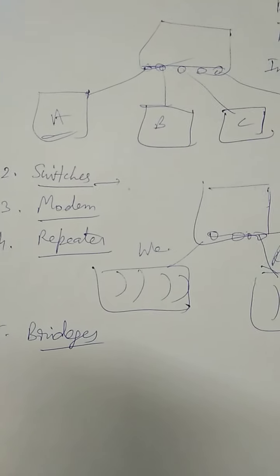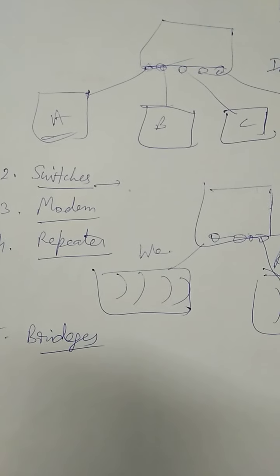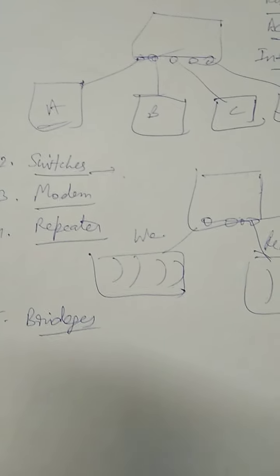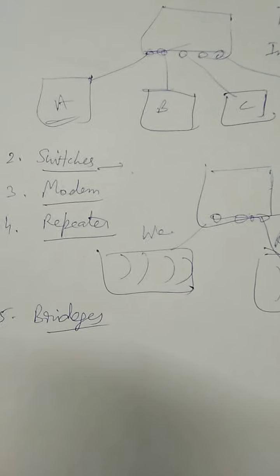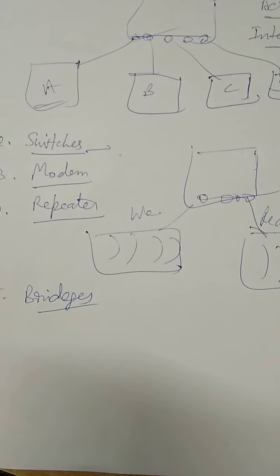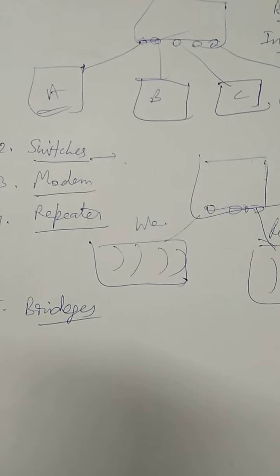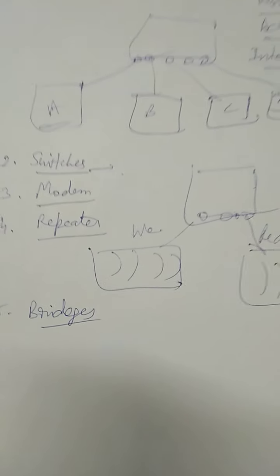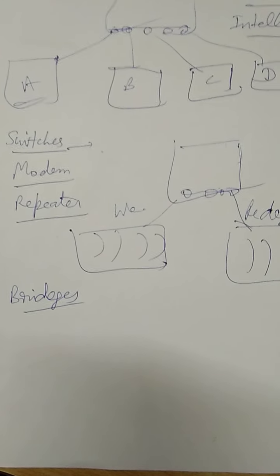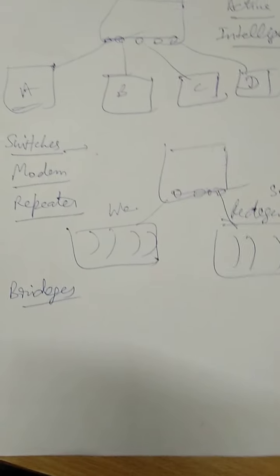A bridge operates in which manner? We discuss. First, a bridge receives all the packets or frames from both LANs, you can say A and B, if we take two LANs.